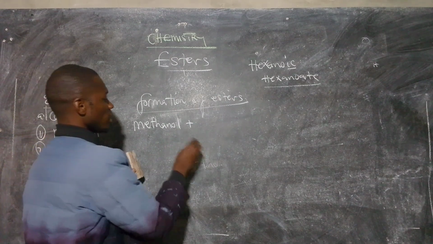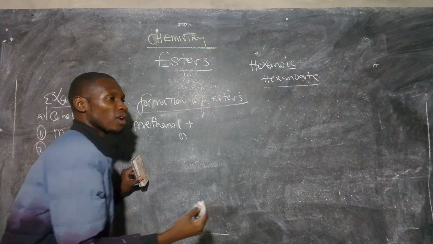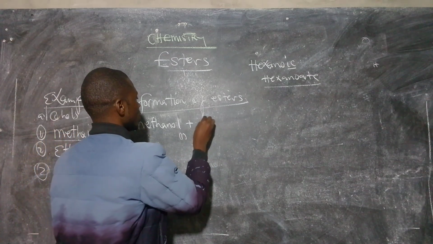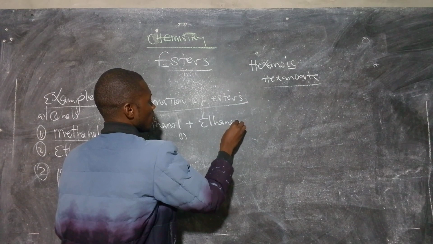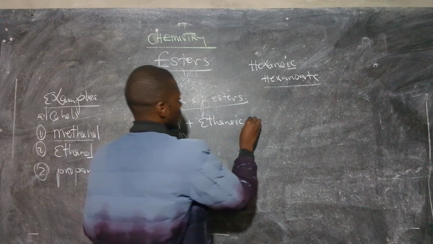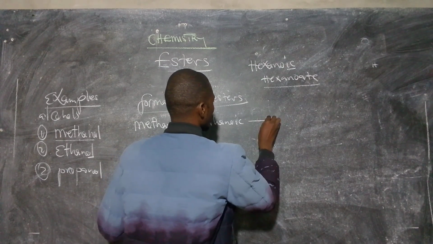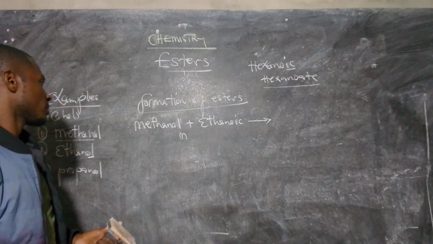So methanol is a liquid. Plus, we can get any acid of our choice. Let's get ethanoic acid to produce. What are we producing? What could be the product?